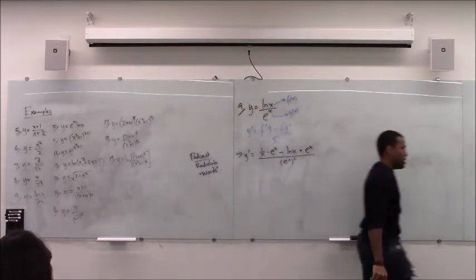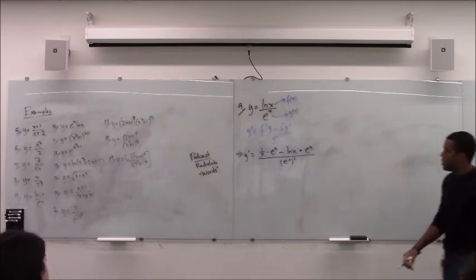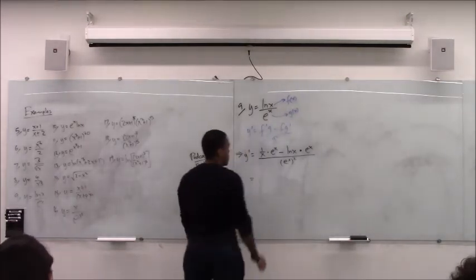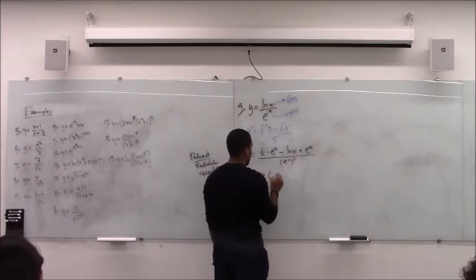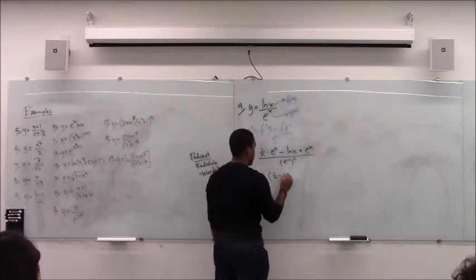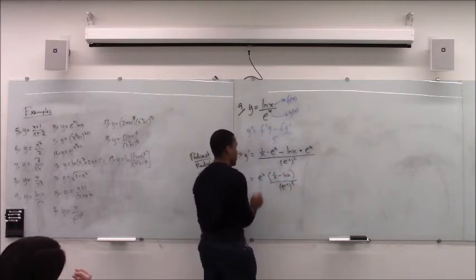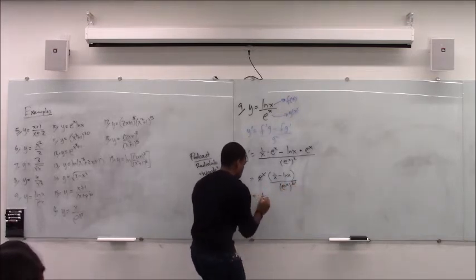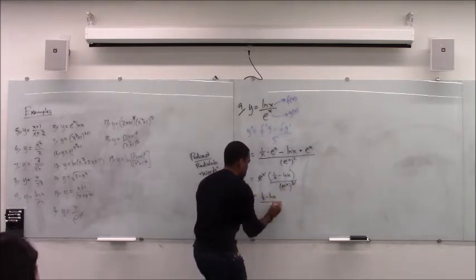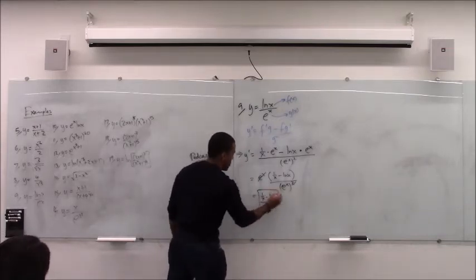Now that's that. You can simplify that a little bit though. e to the x is a common term. I can factor that out. And of course, this will cancel with that. So I can do something like 1 over x minus ln x over e to the x. And I'm fine with that.